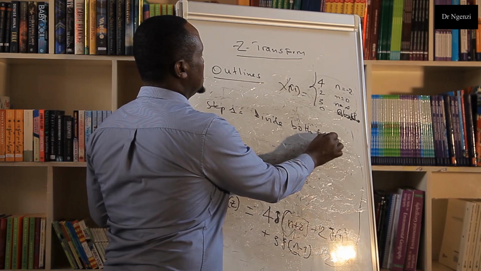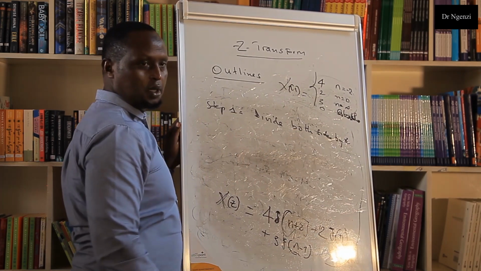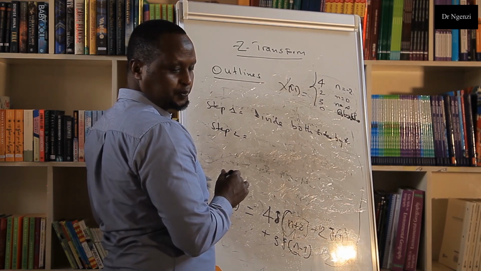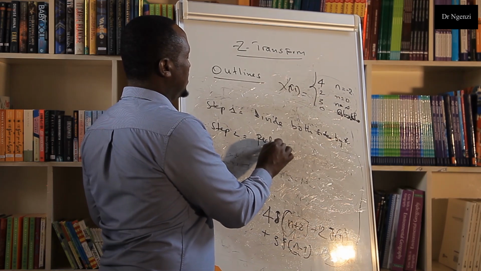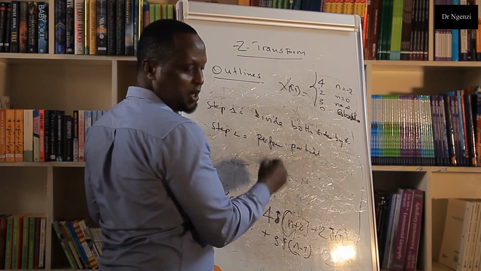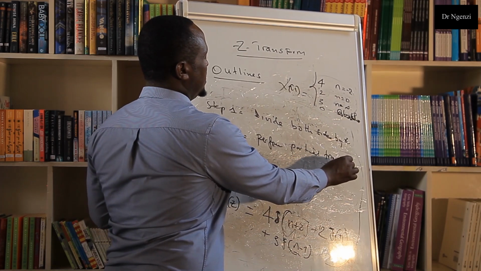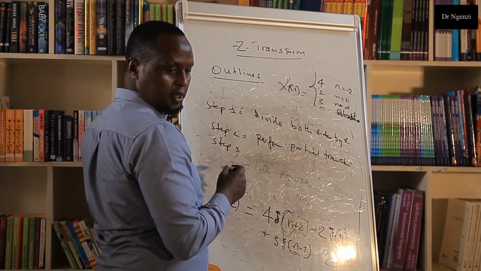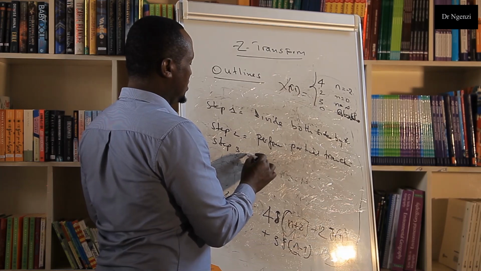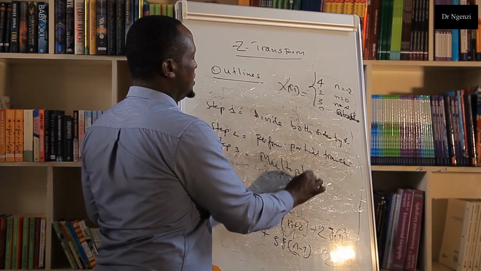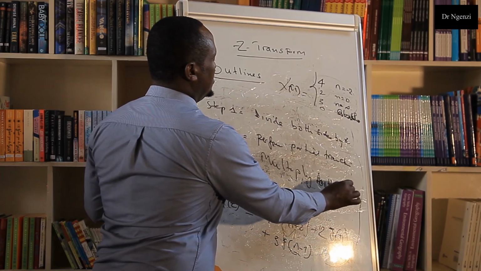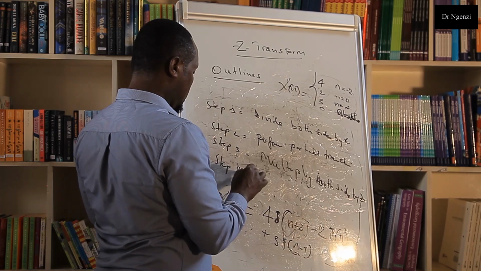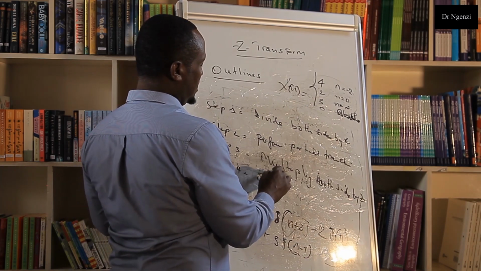Step number 2, you perform partial fraction operations. Step number 3, you multiply both sides by z. Before, you divided, but here you multiply both sides by z. And step number 4, which is the last one, is to obtain your inverse. You obtain your inverse Z transform.